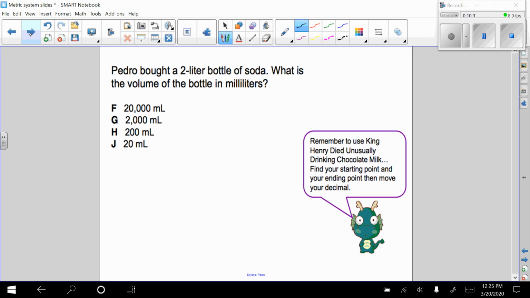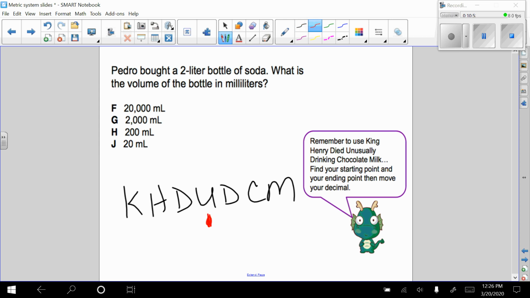Let's try one more. We have a 2-liter bottle of pop. How do we change the volume from the bottle to milliliters? Again, King Henry died unusually drinking chocolate milk. Now, we're going to start at liters. Liters is one of the main units.